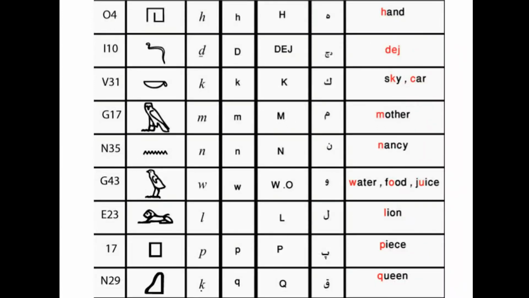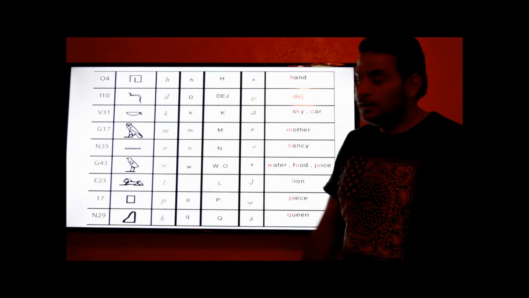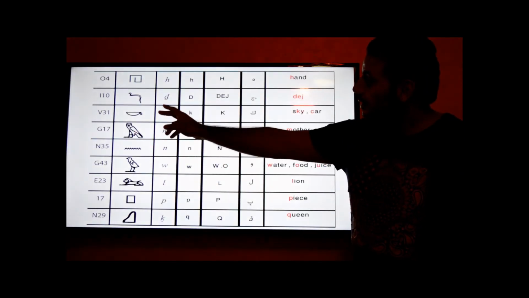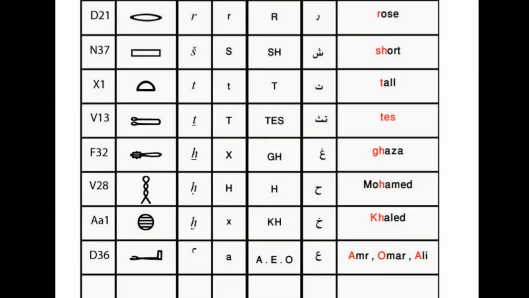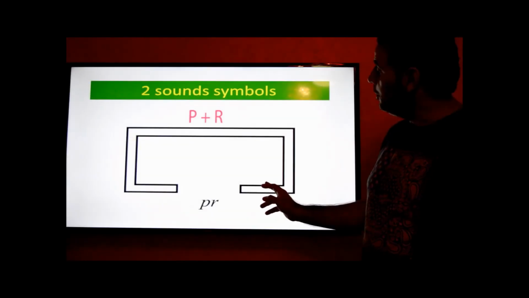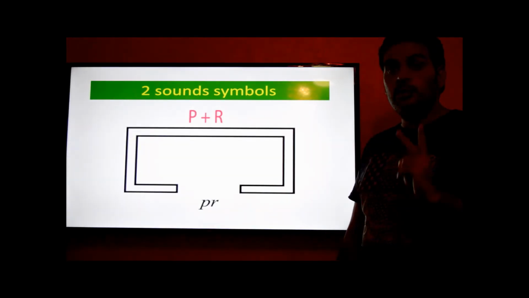So this is M, just M, this is K, this is O, this is N, because we're going to see other symbols that represent more than one sound. This is a symbol that represents two sounds.